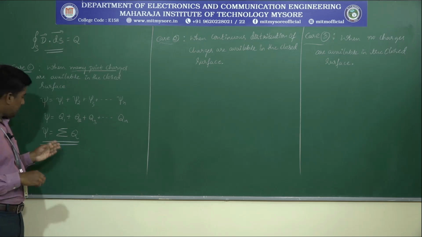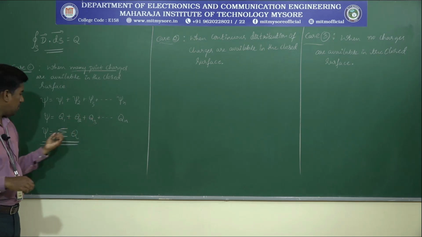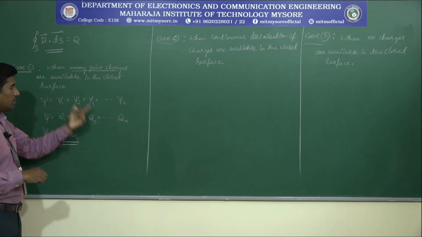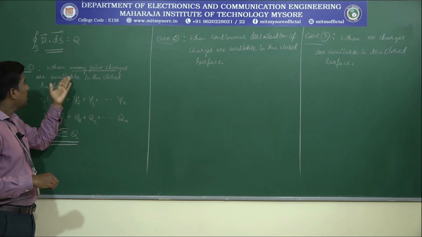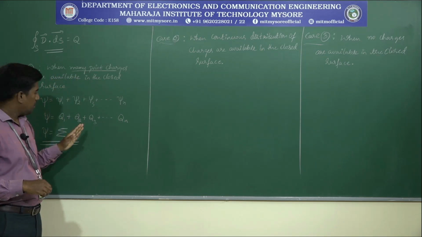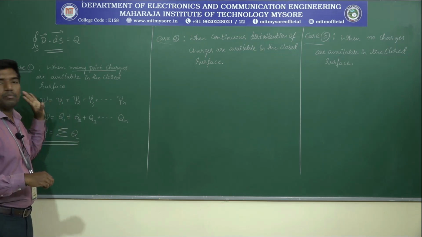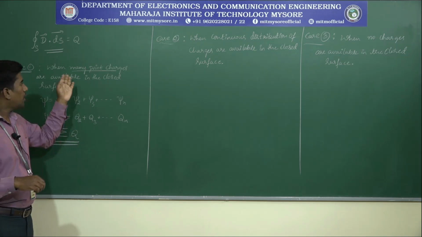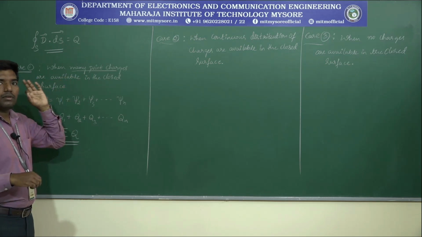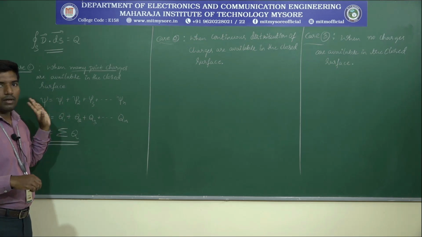So this equation holds good: summing all the charges gives the total flux within the closed surface when many point charges are available inside it. Simply remember, we need to apply the superposition theorem.